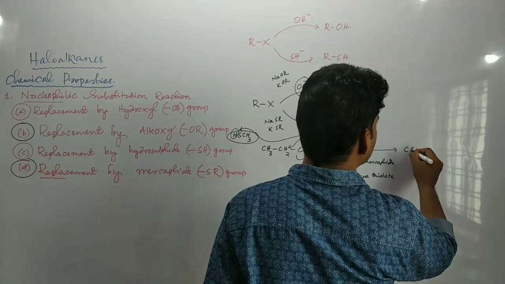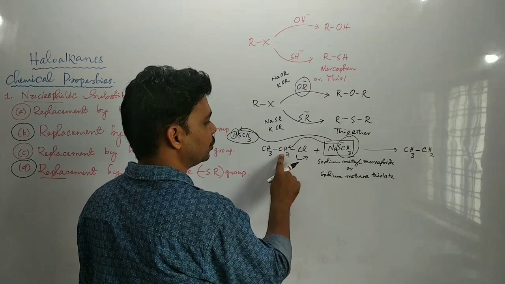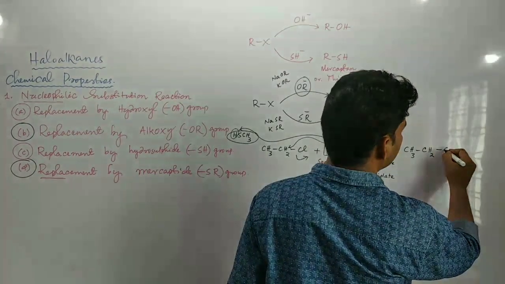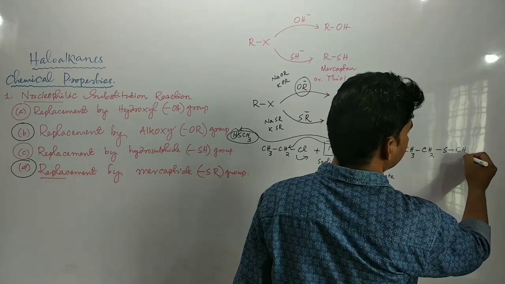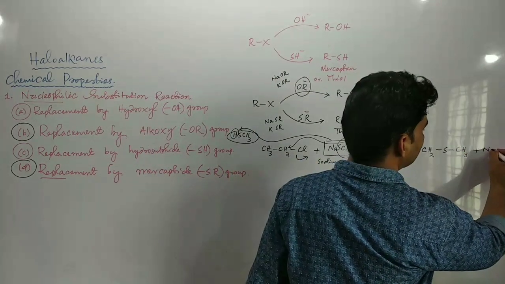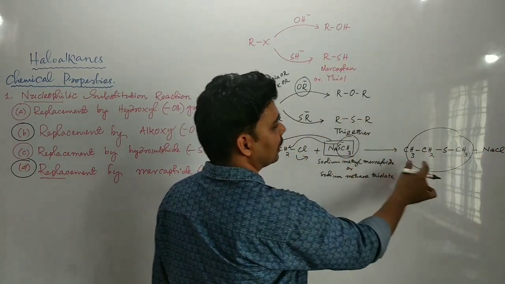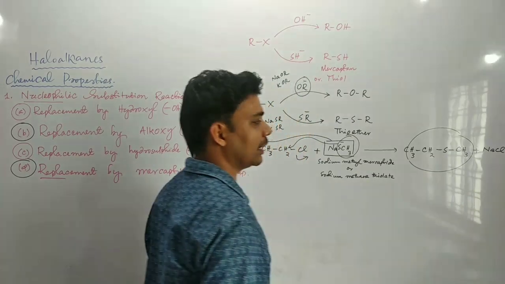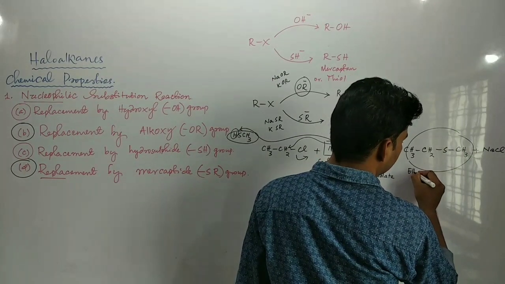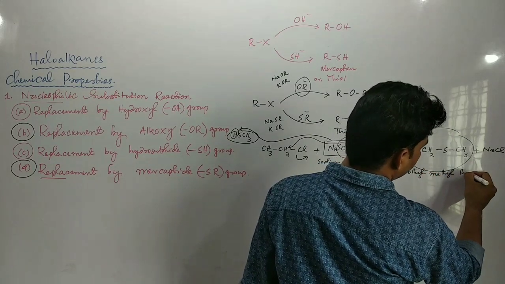But you will get CH3CH2, and this CH2 group is now bonded to sulfur of mercaptide. Plus the byproduct is Na plus and Cl minus, you will get NaCl. So this is your thioether, RSR. Which R groups are here? One is ethyl, second one is methyl. So the name would be ethyl methyl thioether.